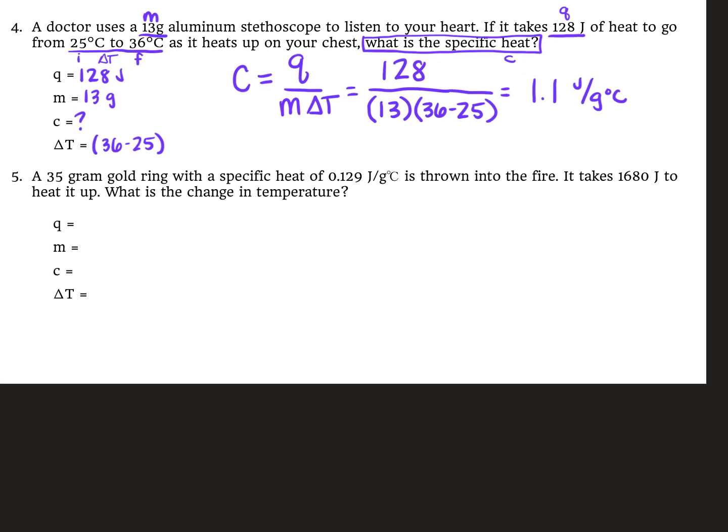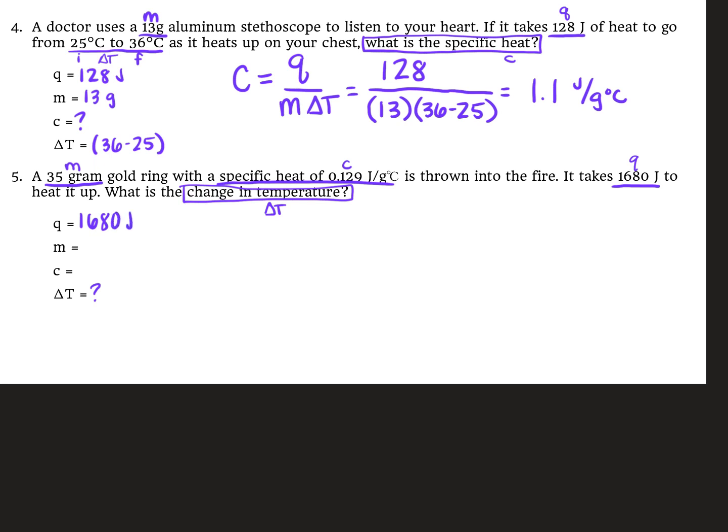Number 5 says a 35 gram, that's mass, gold ring with a specific heat, so that's C, is thrown into the fire. It takes 1,680 joules, that's Q, to heat it up. What is the change in temperature? So we want to find delta T. Our Q was 1680.